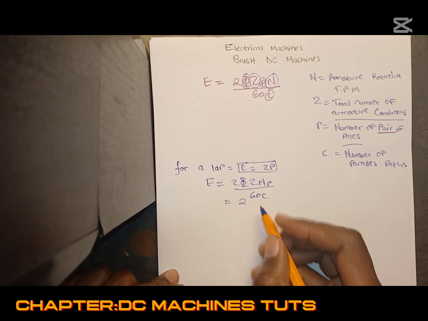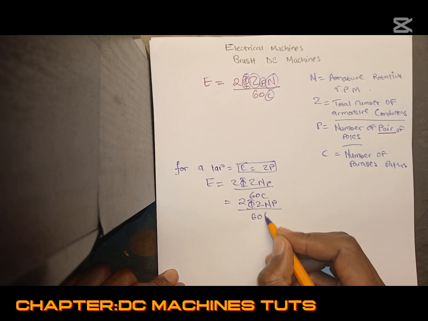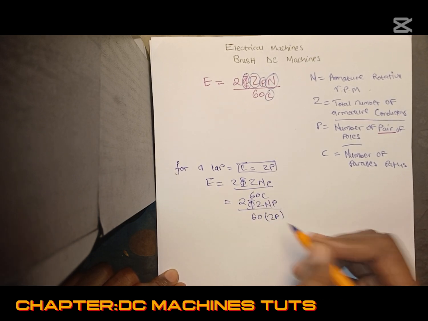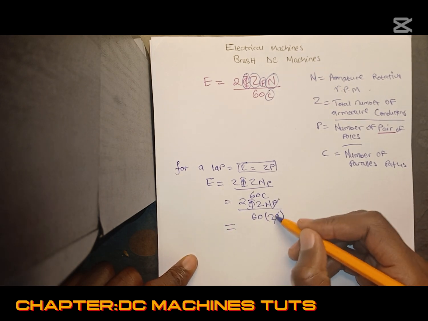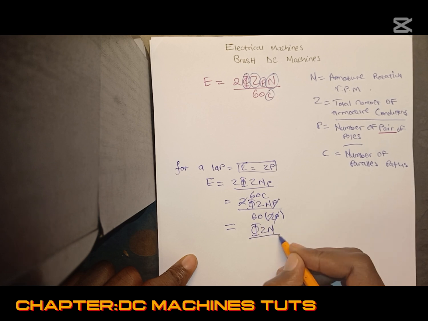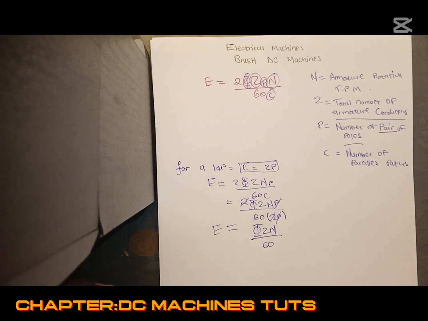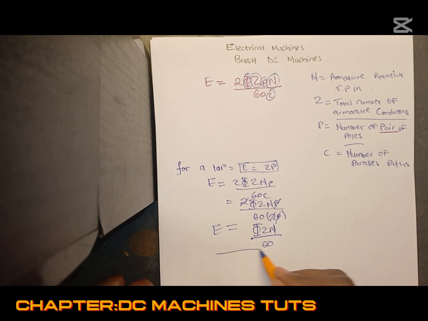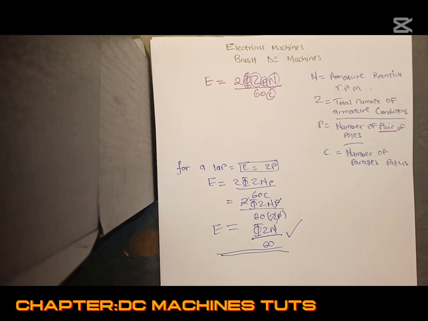Now 2 flux Z N P divided by 60 times 2P, right? Now we know that we're going to cancel these, so that means our final formula will be this one. This is the formula that can be your final formula. When they're asking you about a lap, you have to go for this.